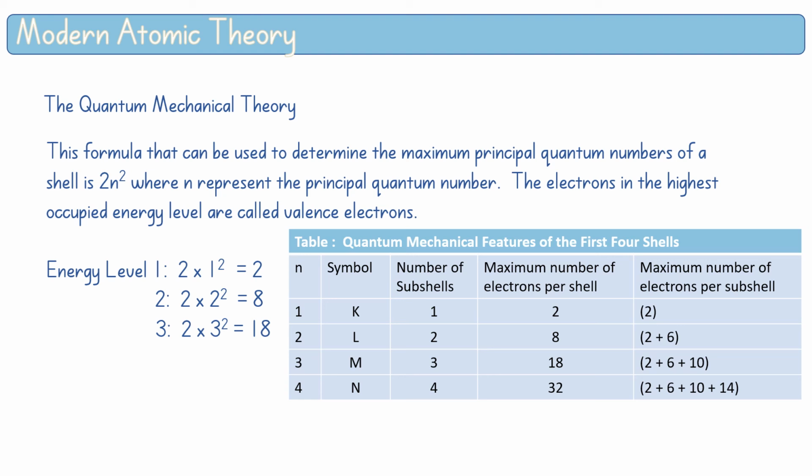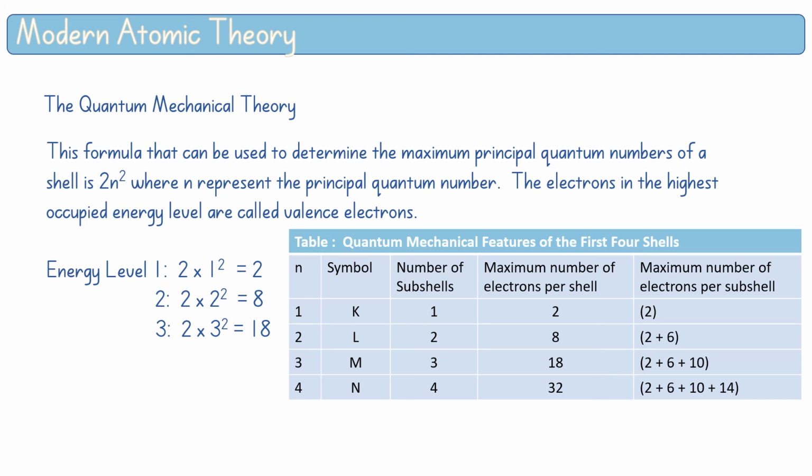So we can have this in an easy-to-use table. So N is 1, we use the symbol K. The number of subshells is 1. The maximum number of electrons per shell is 2. Then we can move to N is 2. Symbol L, number of subshells 2.